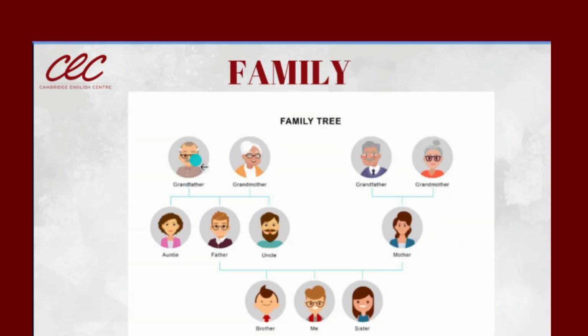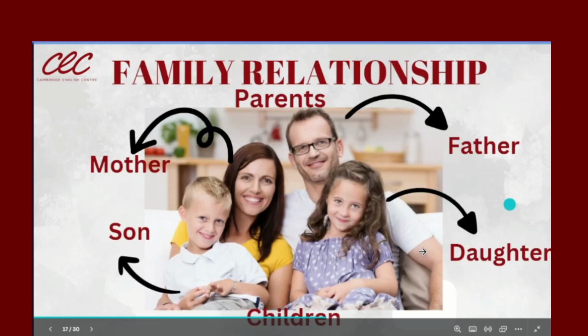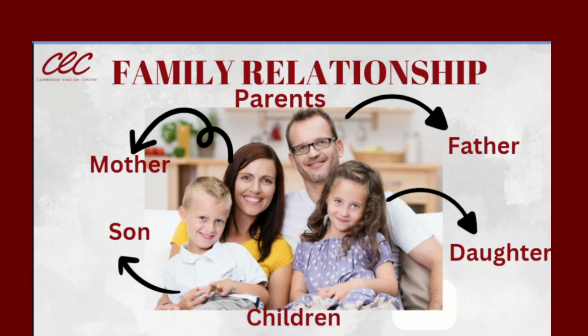We have a grandmother and a grandfather. Now we can also have a father and a mother, right? And brothers and sisters. We are gonna cover this better in this family relationship that we have here, okay? Let's see the relationship between them in this family.